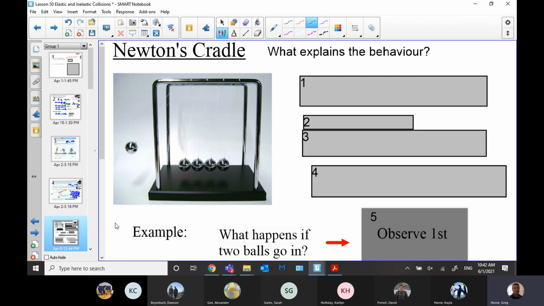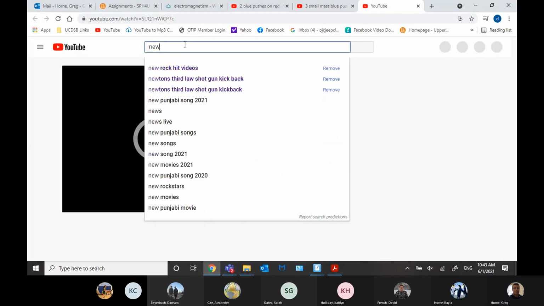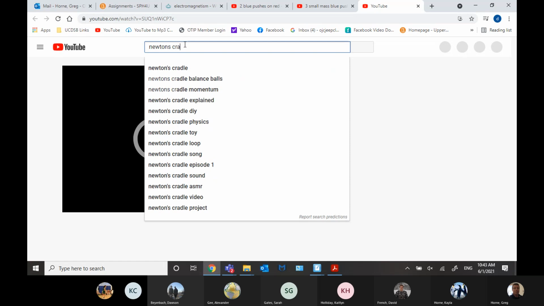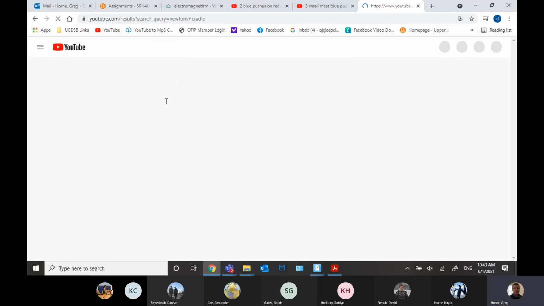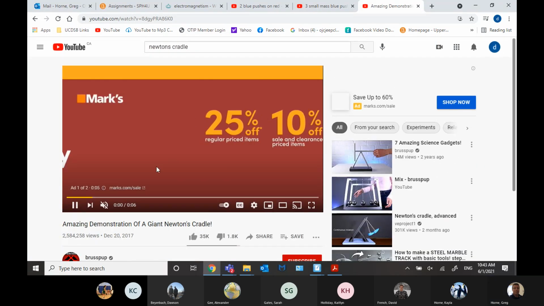All right, so this actually leads us into the next thing, right? This idea of elastic collisions. So, the good old Newton's cradle. Do I have a video here? I can probably just Google one easily enough. Let's see what we got on YouTube for Newton's cradle. Oh, it's a big one.